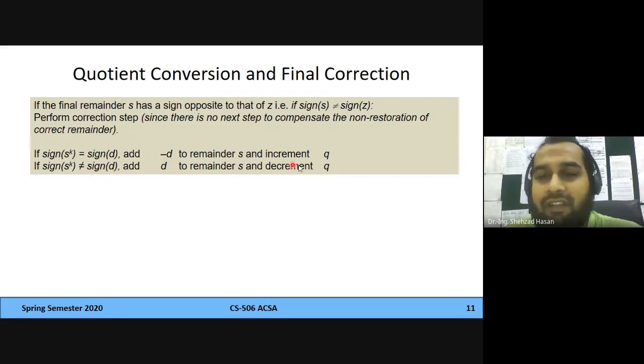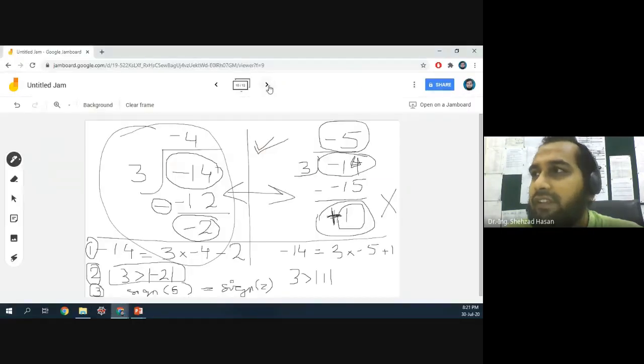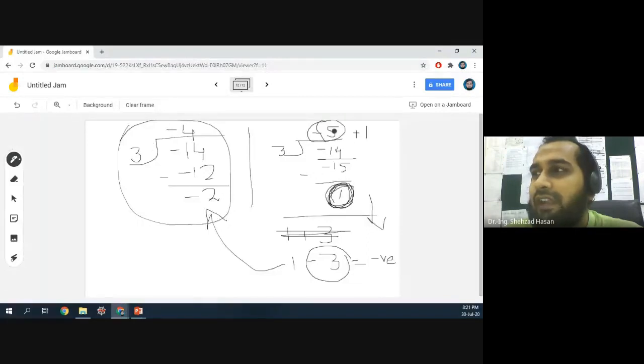So this is a very simple step, and this is the same thing that we were doing over here as well. If you look over here, we did the same thing. If we landed in this case where we have a positive thing over here, but we should have got a negative one, now if this is positive and this is positive, how can you make the remainder negative?